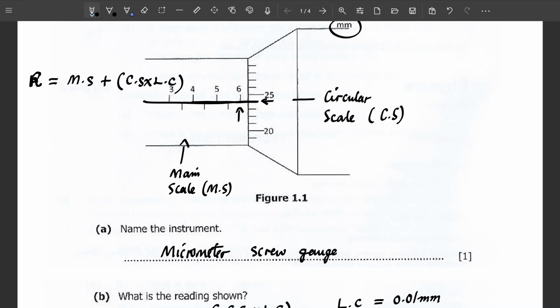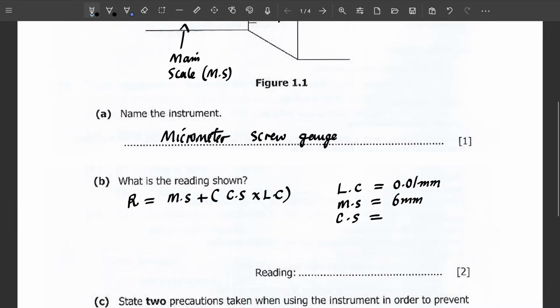When this line and the other line here make a straight line, it signifies where you are supposed to read from. You read from bottom to top. If you have 20, then 21, 22, 23, then 24, where this arrow is pointing, so you have 24.